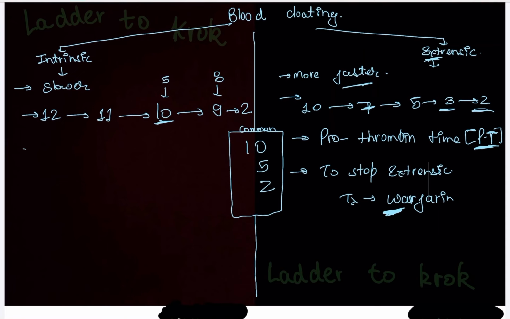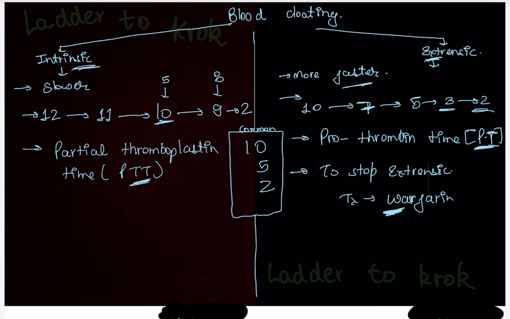The time taken in this process is partial thromboplastin time. We call it PTT. TT we play inside. You know, TT inside, intrinsic. If you want to stop the intrinsic pathway, we can give the treatment heparin.